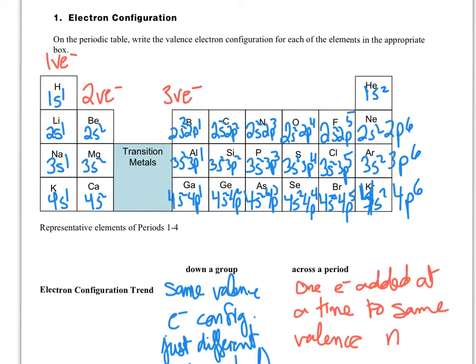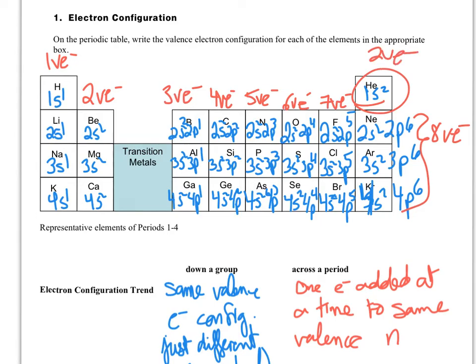Next group, s2p2, so 4 valence electrons. Next group is s2p3, so 5 valence electrons. Next is s2p4, so that's a total of 6 valence electrons. And next is s2p5, so 7 valence electrons. And then we said these are s2p6, so 8 valence electrons. This one is just 2 valence electrons because it's just one s2.